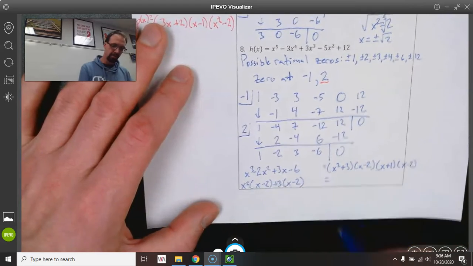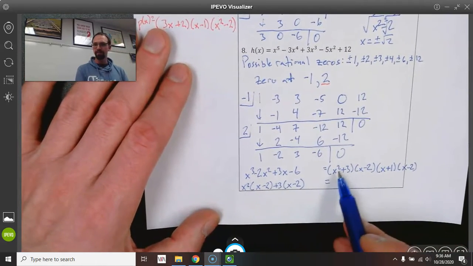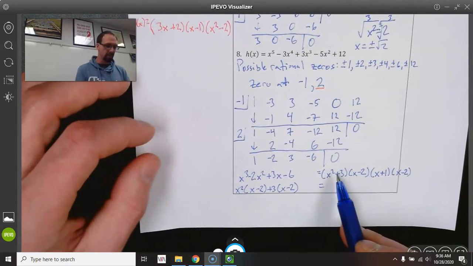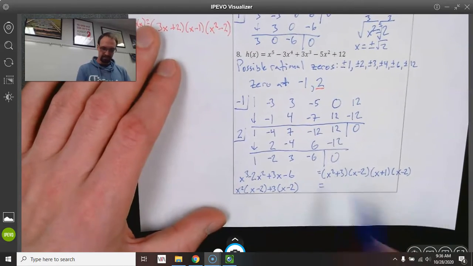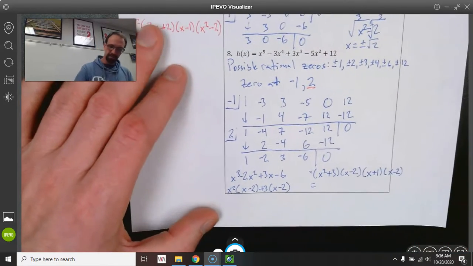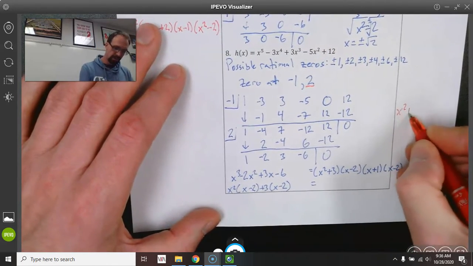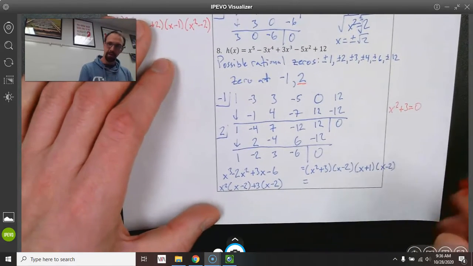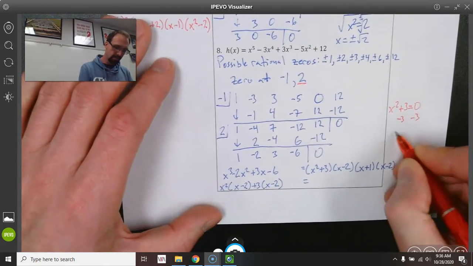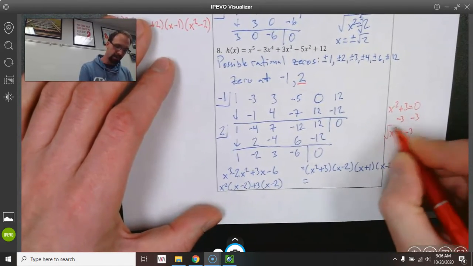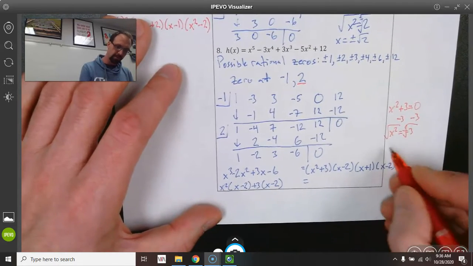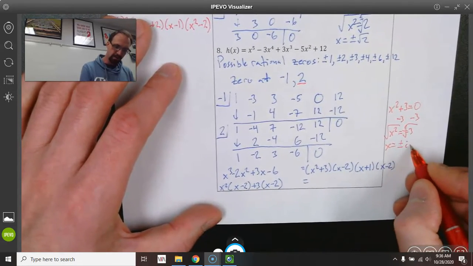So there's a few things to note. The first thing is that if I found the zeros for this, I'm going to end up with imaginary numbers. If I subtract 3 on both sides, I have x squared equals -3, take the square root, plus or minus. So I have x equals plus or minus i square root of 3.